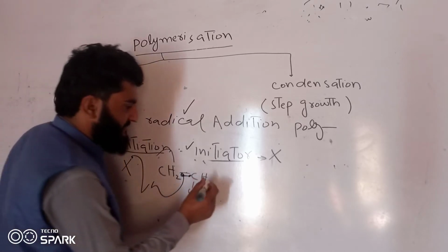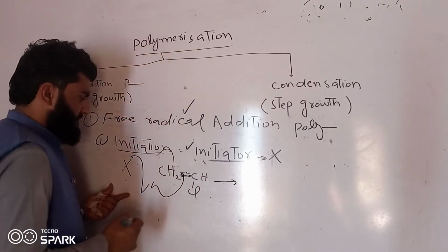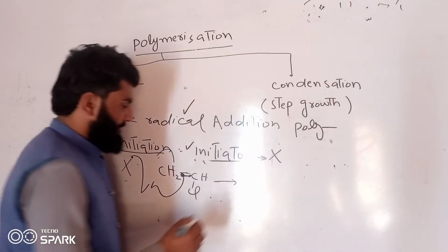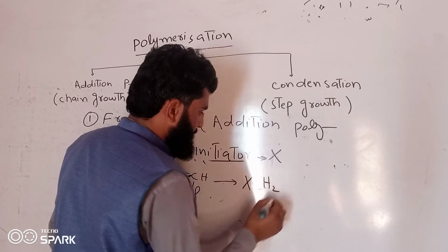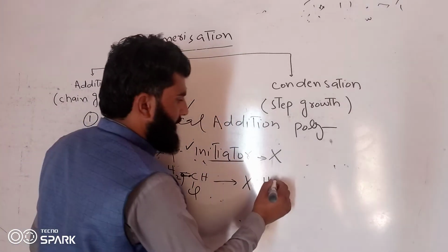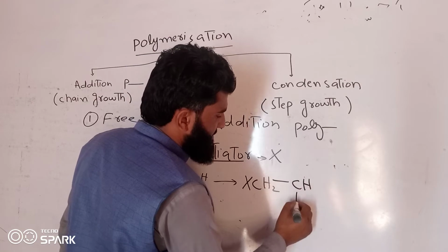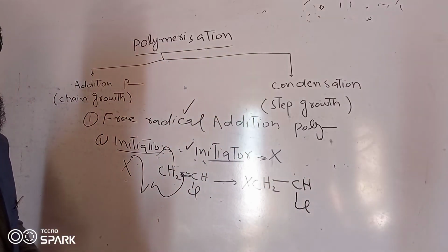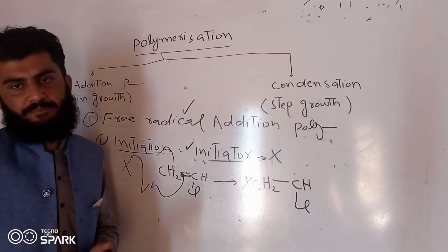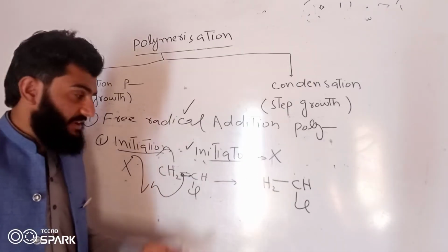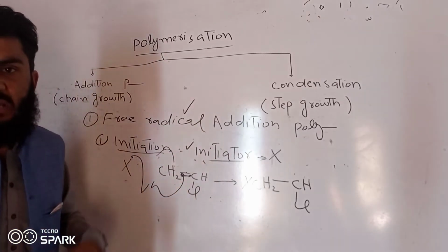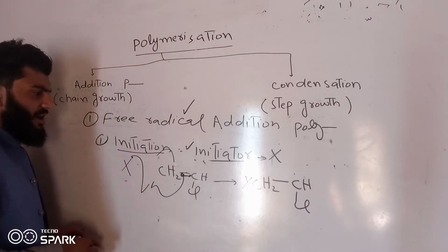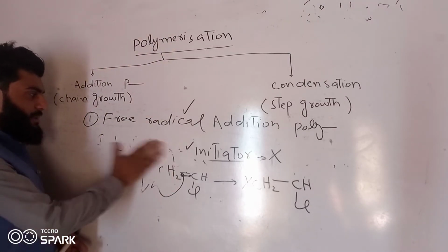So a bond is formed: X, the free radical which binds here, CH2, and a CHCl free radical. This was the initiation step. The free radical is formed and combines with the monomer.